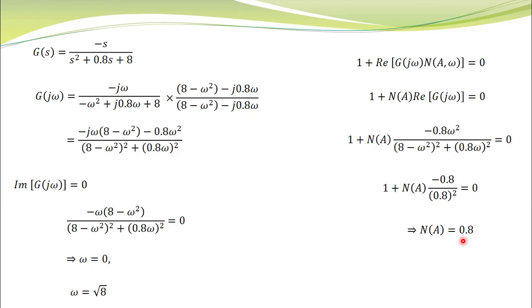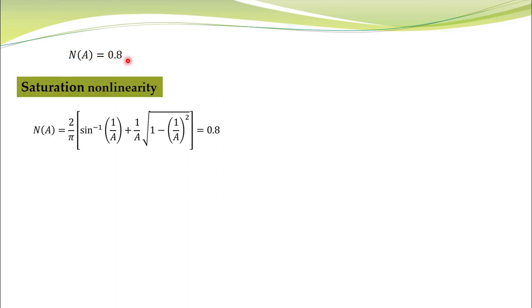And we want to see whether there exists some value of A which satisfies this equation for the two nonlinearities or not. So the same equation is written over here, and we will solve it for two different nonlinearities. The first nonlinearity is saturation nonlinearity, and we substitute the expression for saturation nonlinearity over here, and we want to solve this equation.